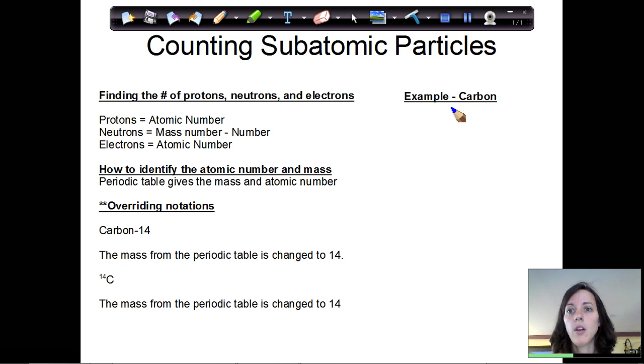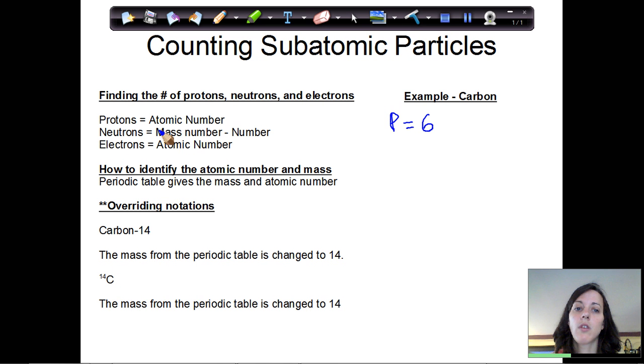So let's do an example. Carbon. Find carbon on your periodic table. You'll find it in the second row over toward the right. Carbon has an atomic number of 6, which tells us that it has 6 protons. Its mass on the periodic table is 12.01, so we would round that down to 12, which means its mass number is 12.